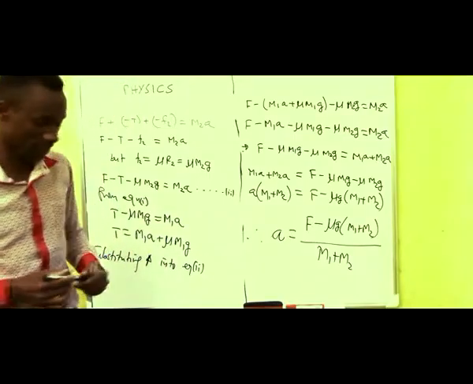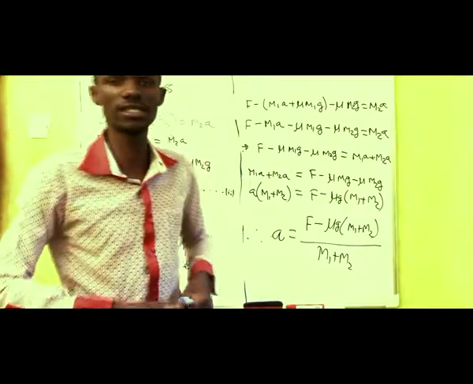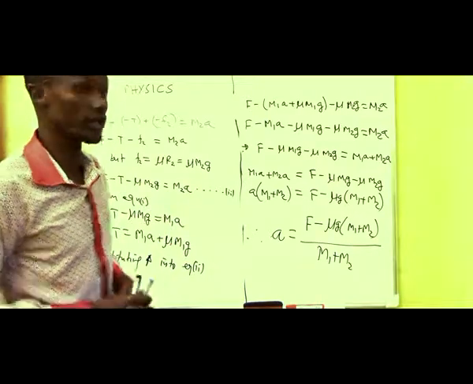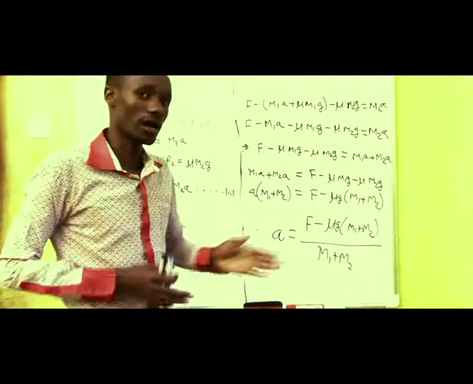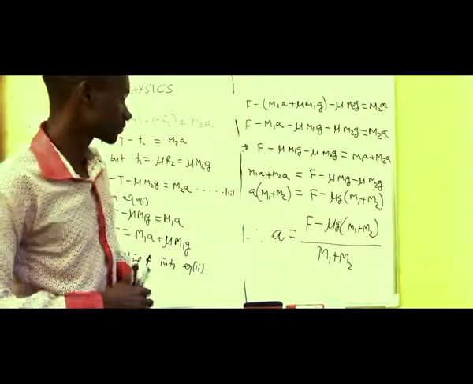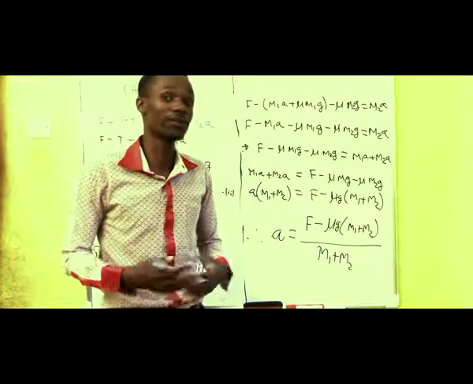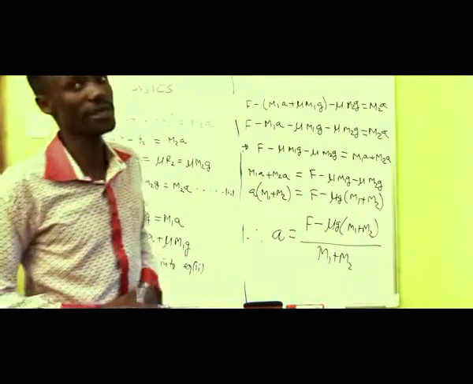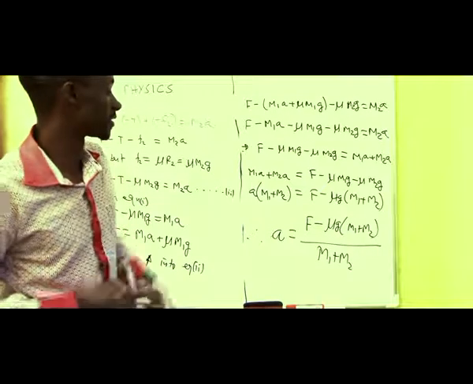This is the expression for acceleration of the system of two connected bodies moving along a horizontal frictional surface, where mu is a coefficient of friction force, which can be dynamic or static friction.